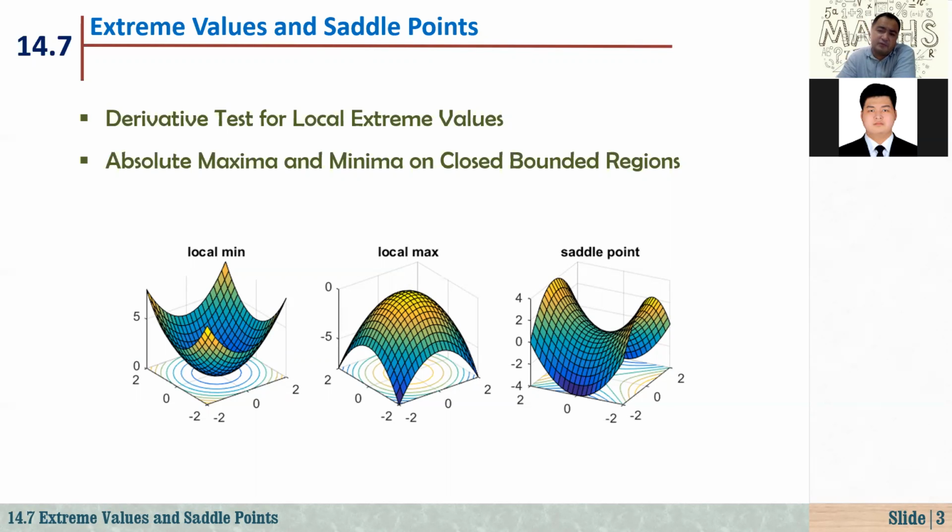Extremums means where the function has a maximum value, where the function has a minimum value, or a local maximum and local minimum. This idea is very important in optimization problems, right? Especially, for example, to minimize the cost and to maximize the volume, this kind of stuff.